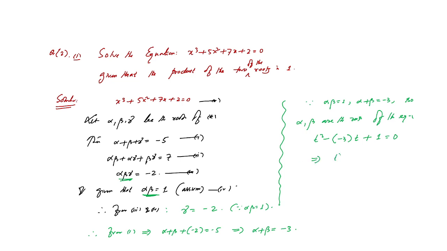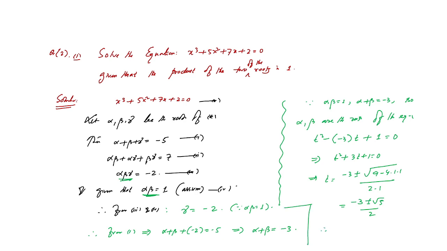So this is basically t square plus 3t plus 1 equals 0. What is the value of t? Minus b plus minus root of b square minus 4ac by 2a. So this will be minus 3 plus minus root 5 by 2.